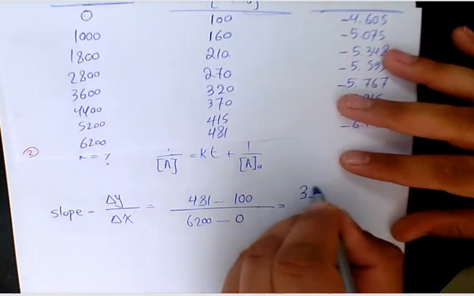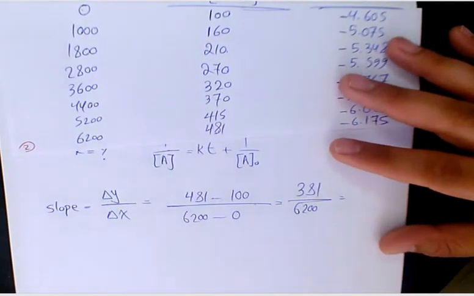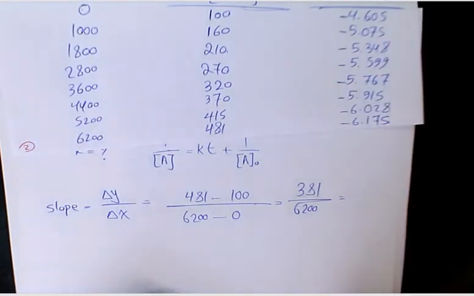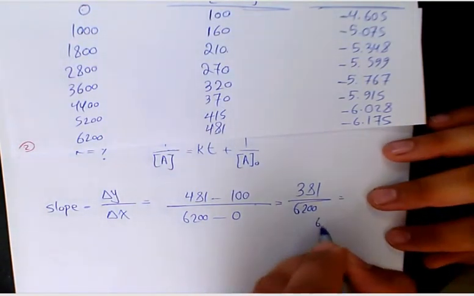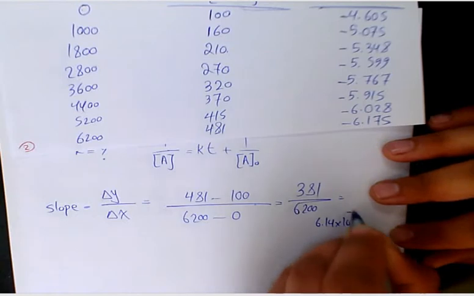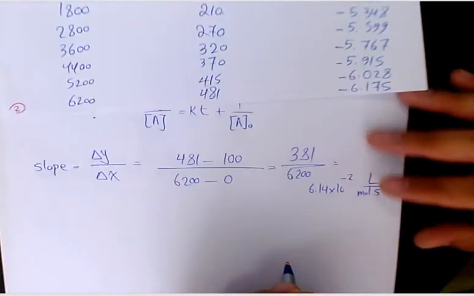That's gonna be 381 divided by 6200. That's gonna be 0.0614. So that's gonna be 6.14 times 10 to the power of negative 2 liter per mole per second.